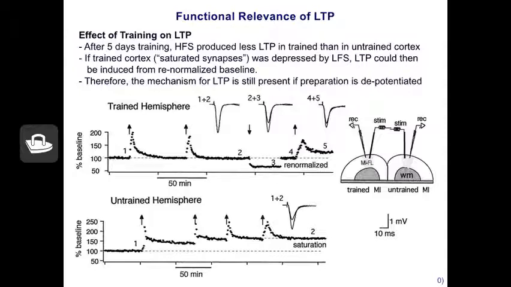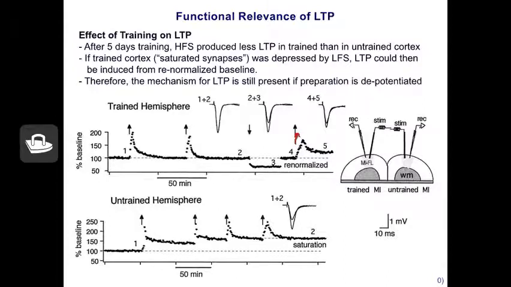So next they renormalized the baseline, meaning they took this baseline and then just kind of set it at the 100% baseline mark, just to line up everything again. And then they applied tetanic stimulation.